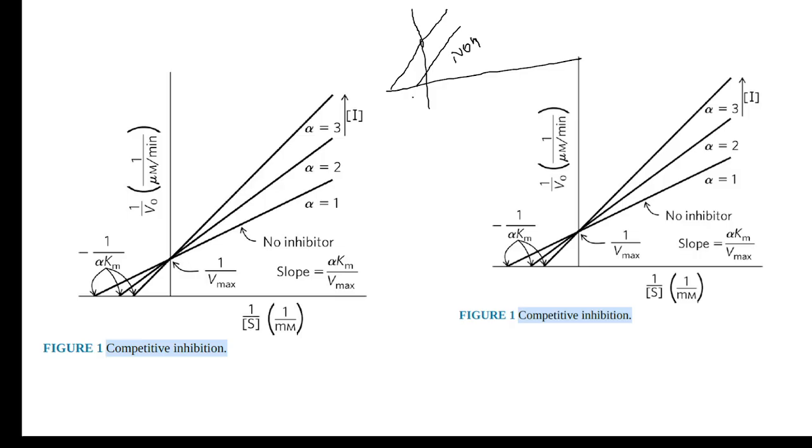Because in that case the Km is going to be decreased, so decreasing means minus 1 by Km is also going to be decreased. So in the presence of inhibitor you will get this, and for this line there is no inhibitor. So this will be the example of uncompetitive inhibition.